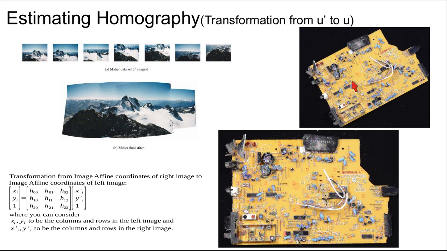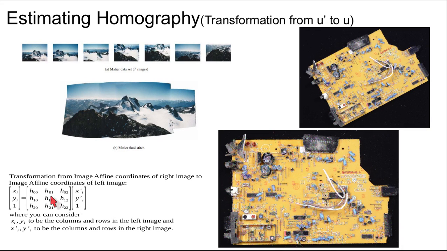The same goes true for this use case, which we have discussed earlier. This is a reference printed circuit board and we want to match it up with this test board. In order to do that, we need to predict where a particular coordinate in this board will fall on this board. This will allow us to line up the two boards together and identify any differences between them.